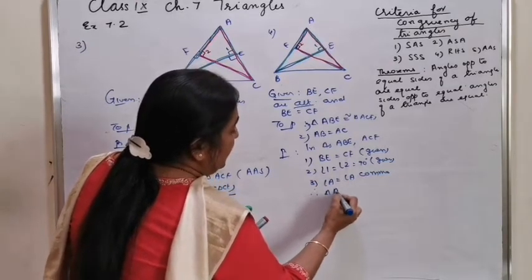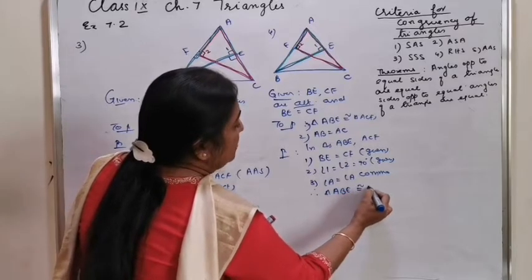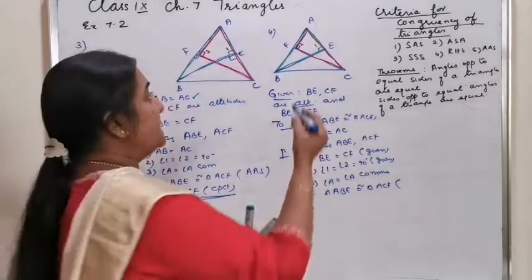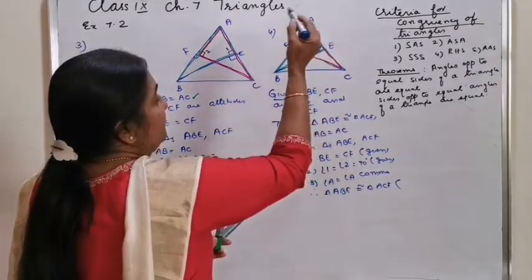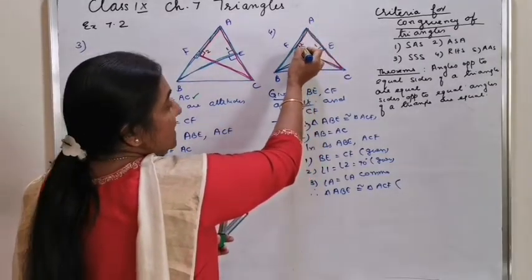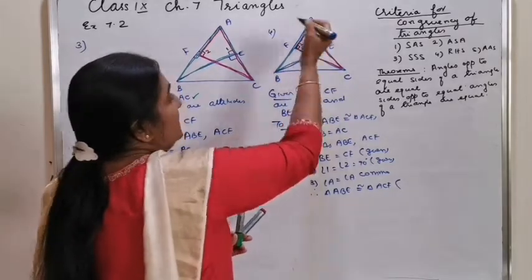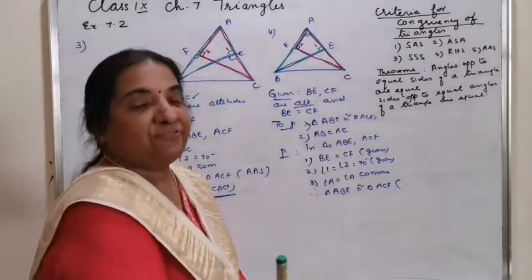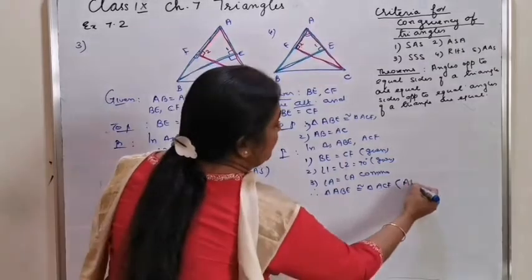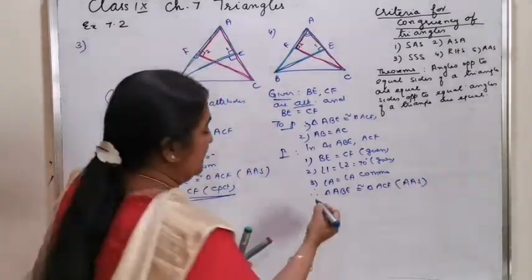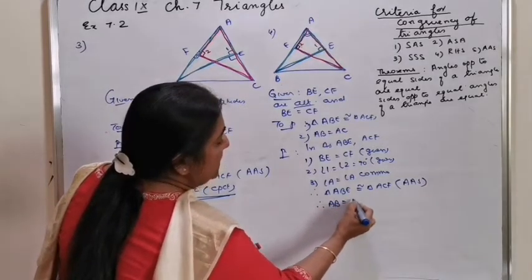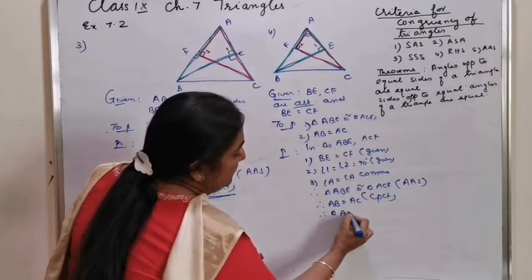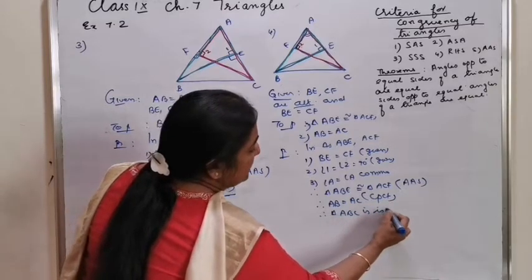Therefore, triangle ABE is congruent to triangle ACF. By any one triangle, select ACF. You have taken angle 2, you have taken common angle, and you have taken the side CF, which shows that that is also by AAS. Therefore, AB equal to AC CPCT, or triangle ABC is isosceles.